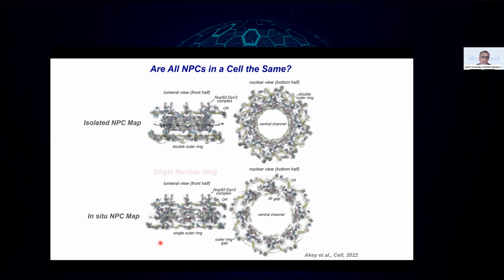In comparison with the in situ map, where we found the canonical single ring on both sides of the nucleopore complex in yeast, we found that actually a percentage of the NPCs in yeast show a double ring on the nuclear side of the NPC.